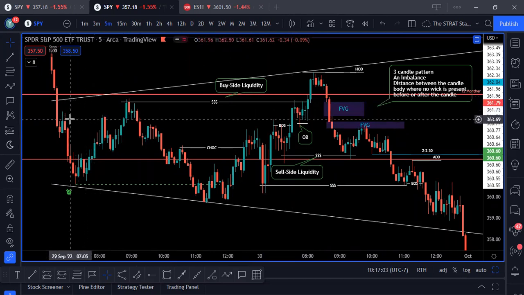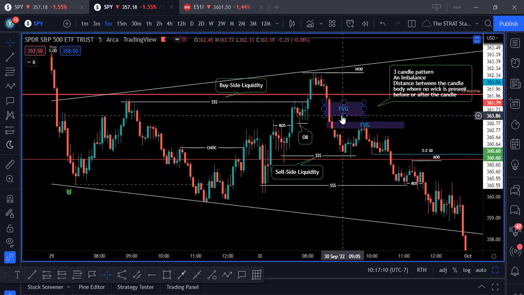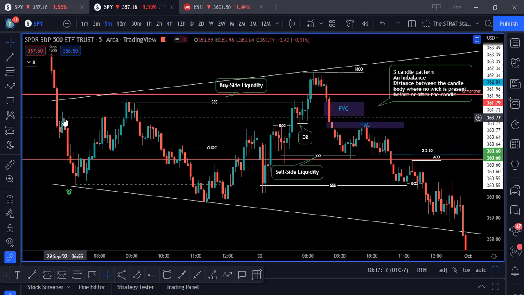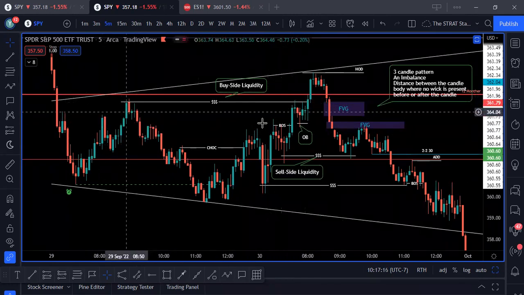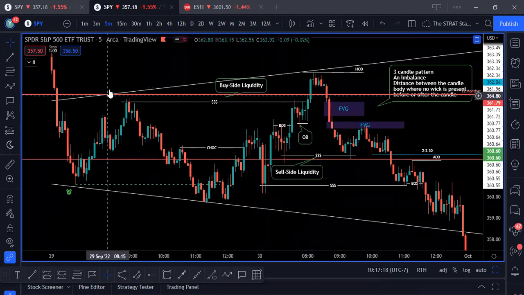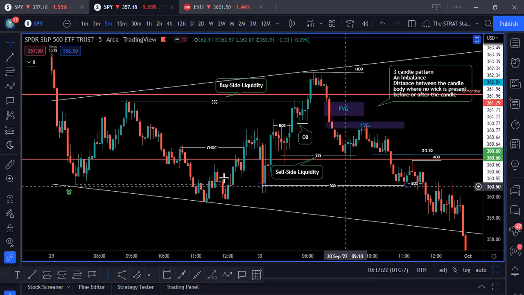These are levels that traditional retail traders are going to be putting their stops at or seeing as resistance. And we use those because usually price gets driven through them. People think it's a breakout, it reverses, and that's how they get liquidated. So there's buy side and sell side.